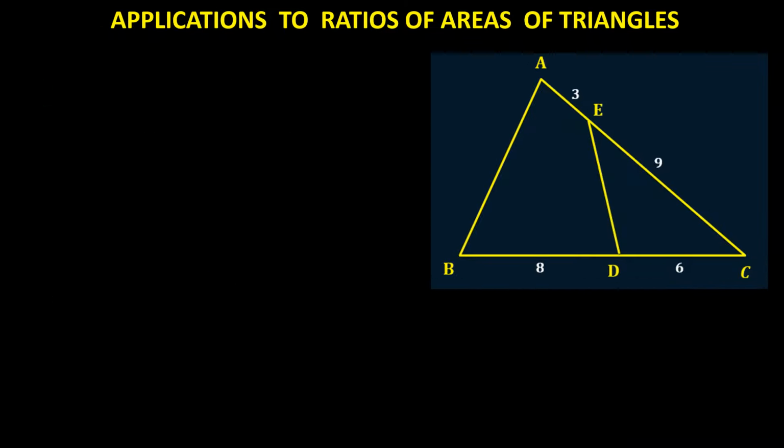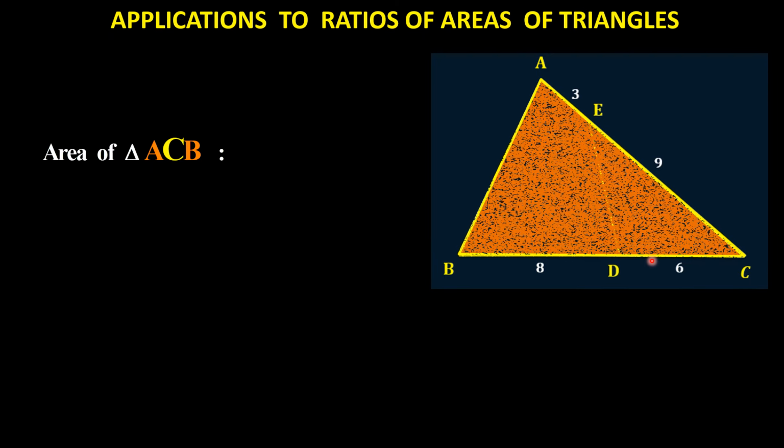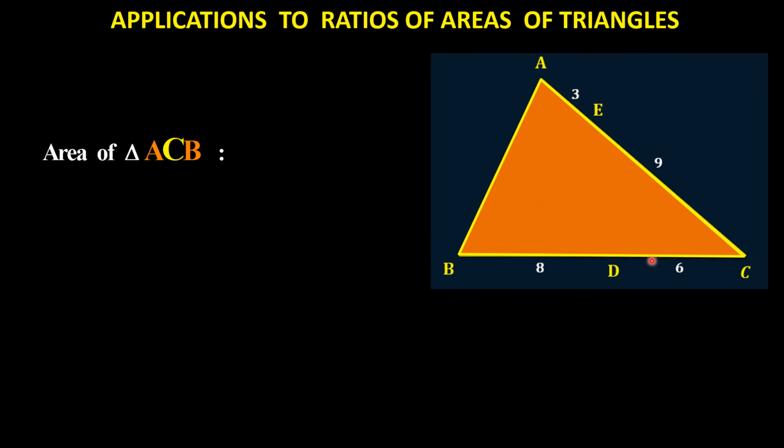Let's look at another case here. We want to determine the area of triangles. There we have a triangle ABC, and we have another triangle EDC. If I look at ACB, and we look at ECD, first of all, we notice that they don't have the same height.